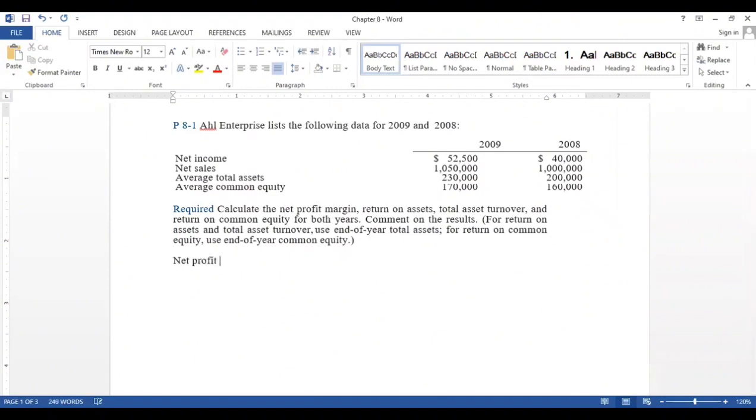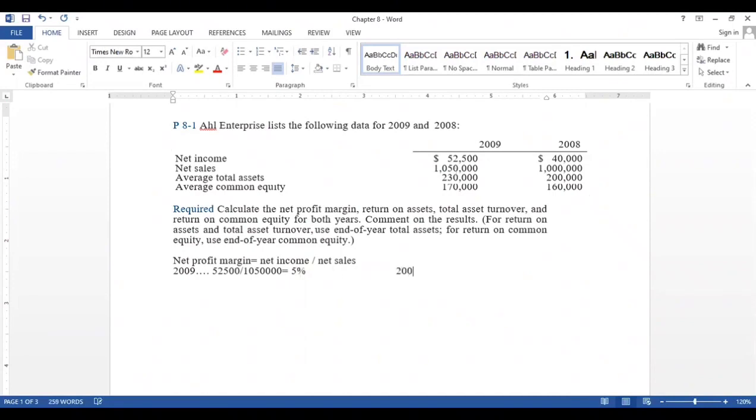Net profit margin. As we all know, the formula to calculate the net profit margin is net income divided by net sales. So for 2009, the net income is 52,500 and our net sales are 10,50,000, and when we divide the net income by net sales, we get the net profit margin, which is equal to 5%.